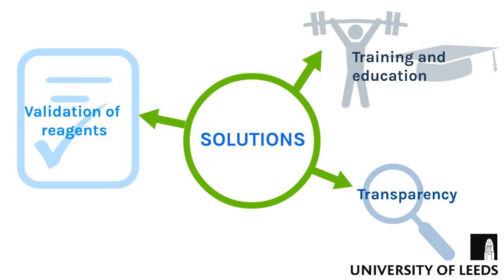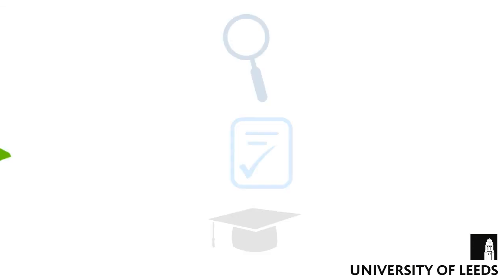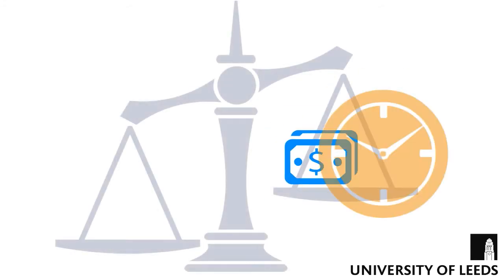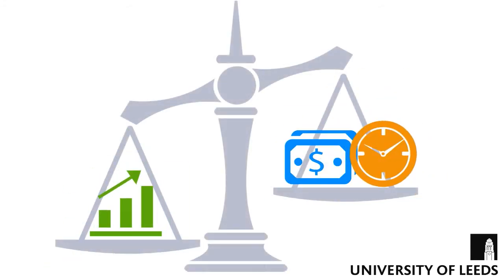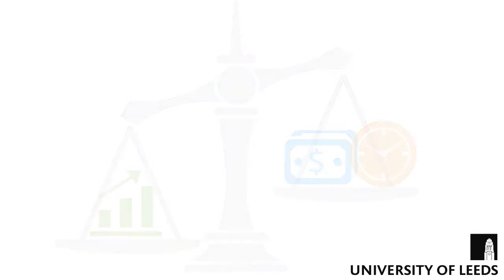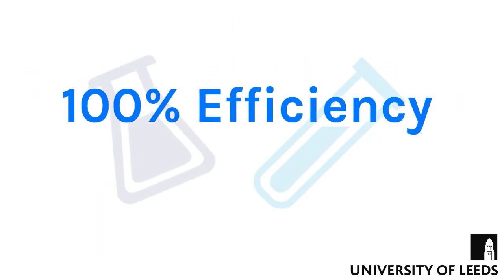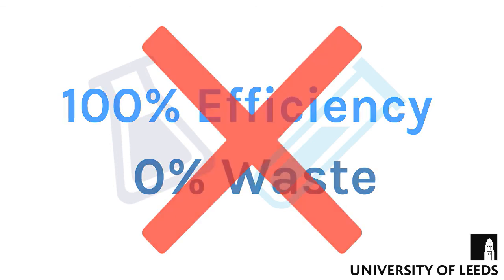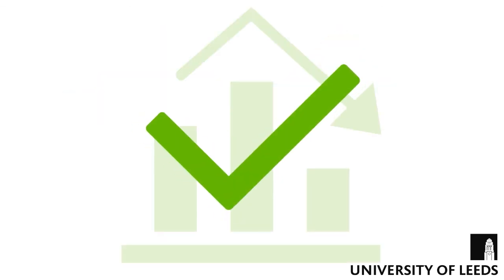Education in rigorous study design, appropriate statistical analysis, and awareness of the need for validation should be an integral part of research training. Implementing these changes will have a high upfront cost in terms of both money and time, but should be outweighed by the long-term benefit. To summarise, in research, efficiency of 100% and waste of 0 is neither achievable nor desirable. However, there is room for improvement to increase reproducibility to an acceptable level.